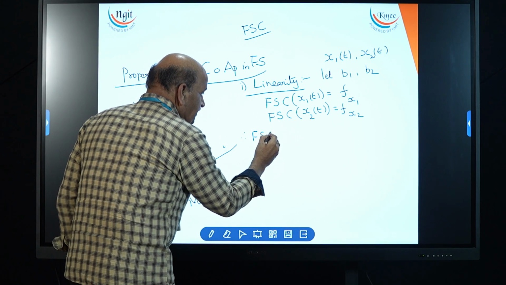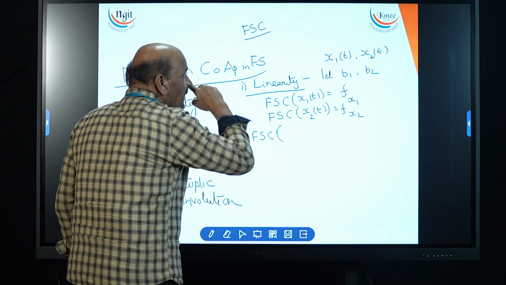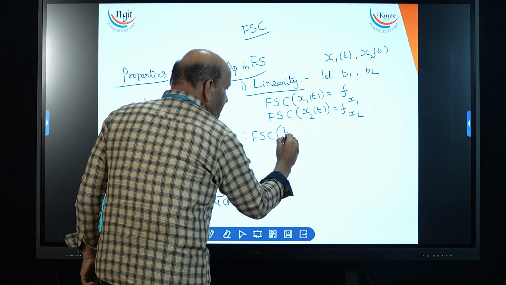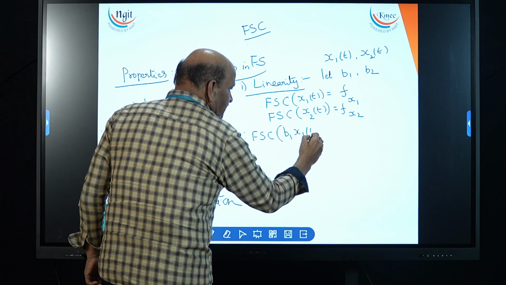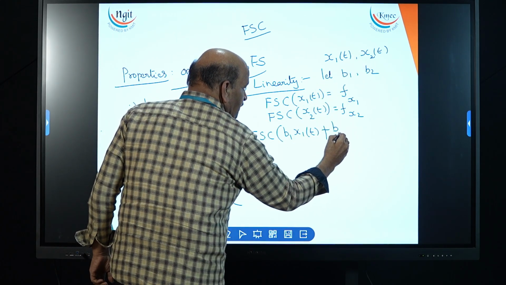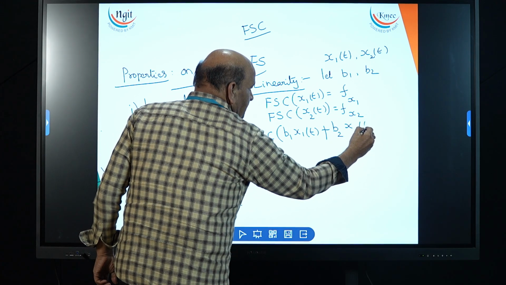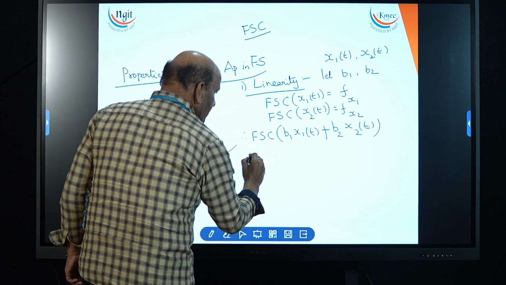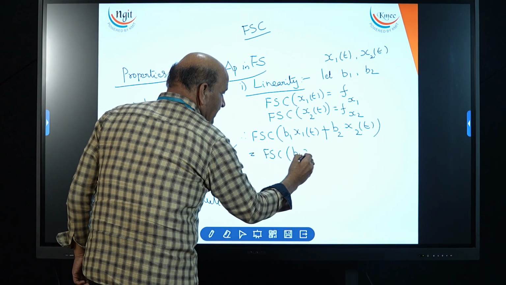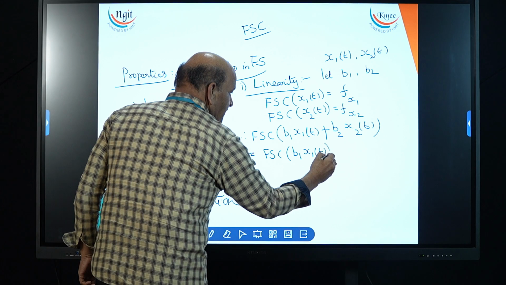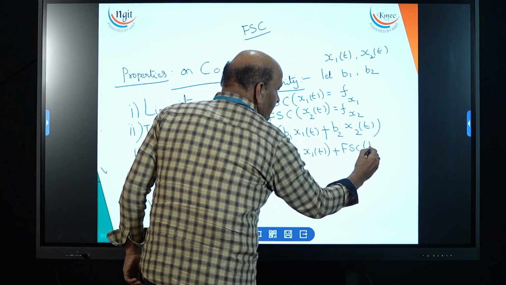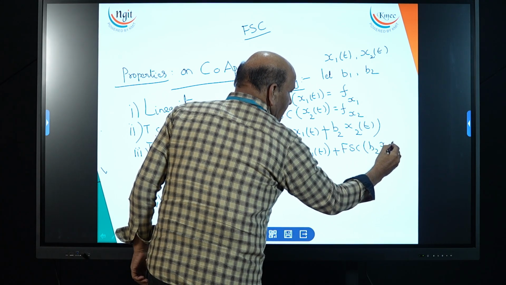Fourier series coefficient of b1 x1 of t plus b2 x2 of t, where b1 is the coefficient of the first signal and b2 is the coefficient of the second signal. This is equal to Fourier series coefficient of b1 x1 of t plus Fourier series coefficient of b2 x2 of t.